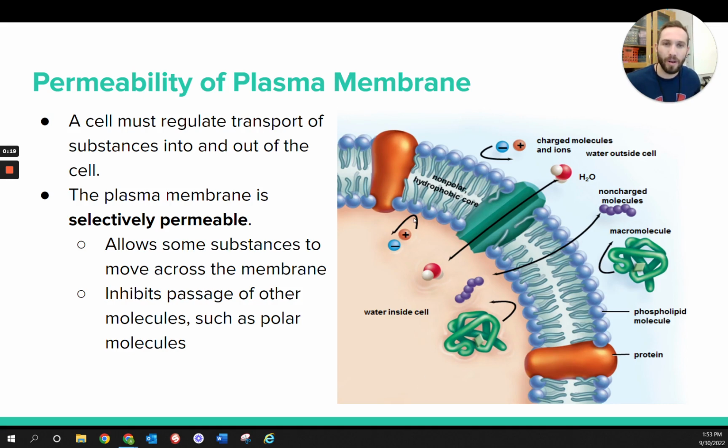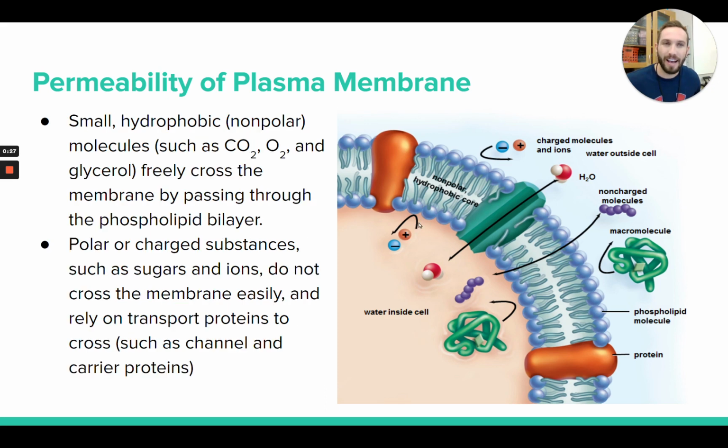And so there are some important big concepts here about what is allowed in and out of the cell. One thing you need to know is that small nonpolar, hydrophobic molecules can very easily go across the cell membrane through the phospholipids. Like this one right here, a nonpolar hydrophobic molecule.